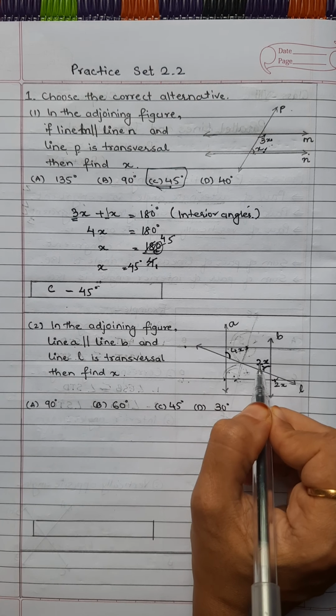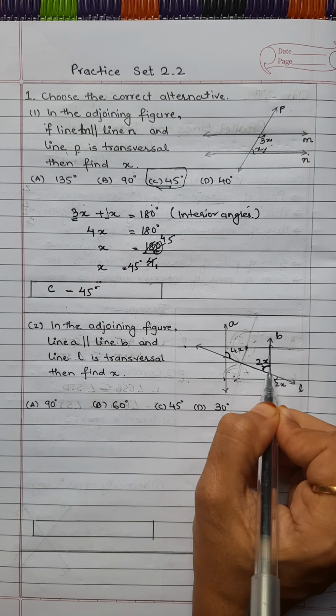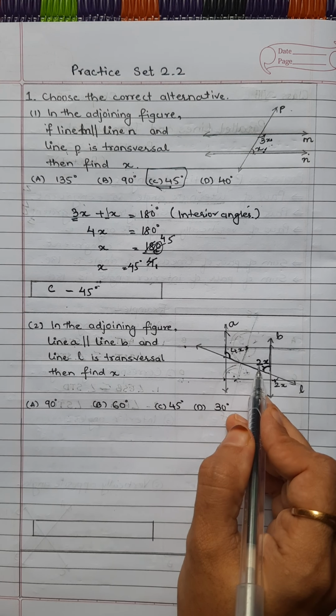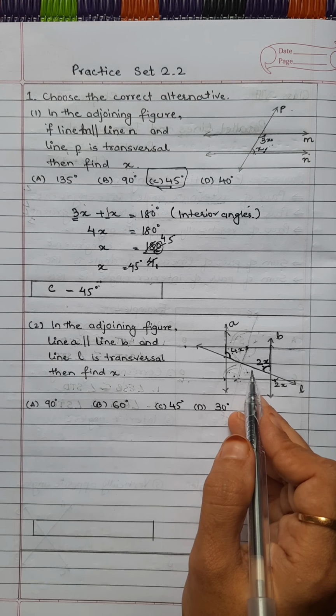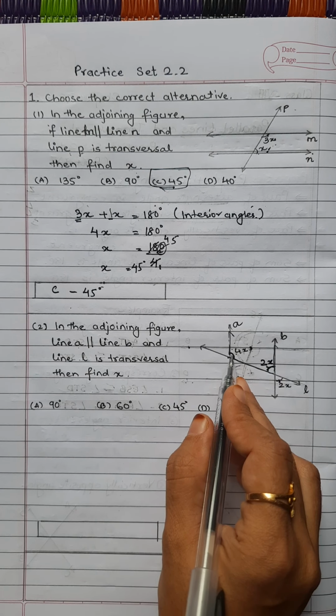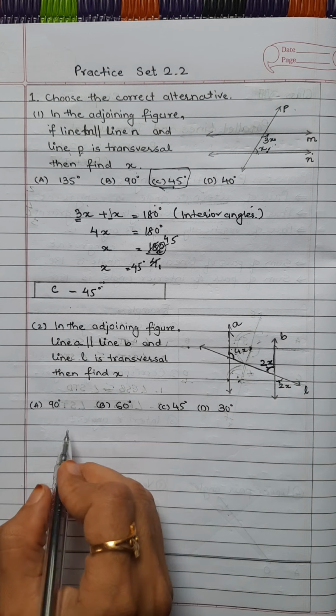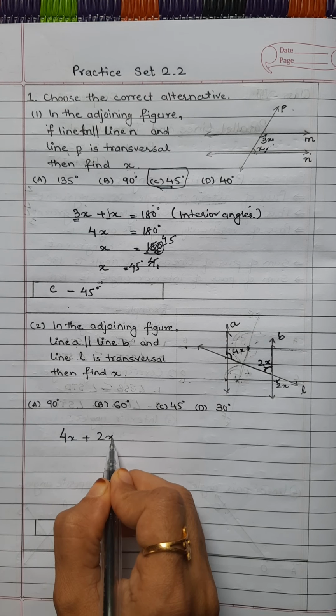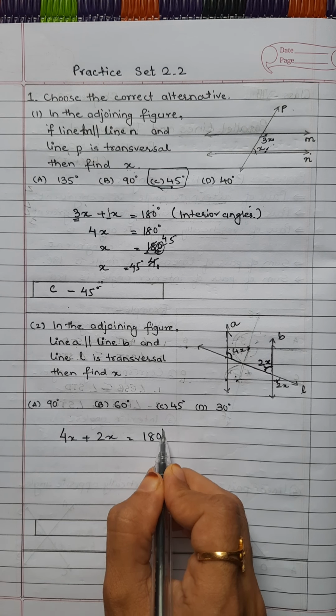Now you can see these two are interior angles. The property says the interior angle sum is 180. So 4x plus 2x will be equal to 180 degrees.